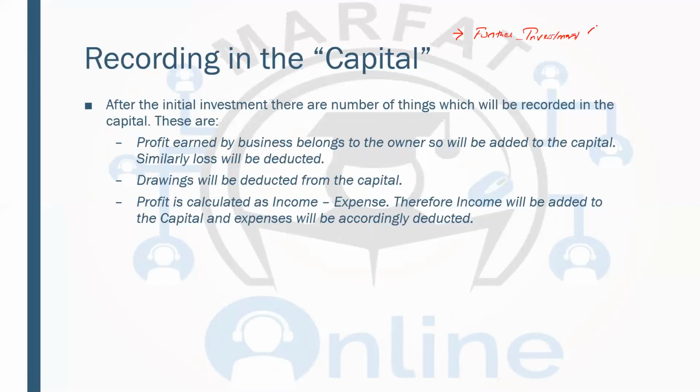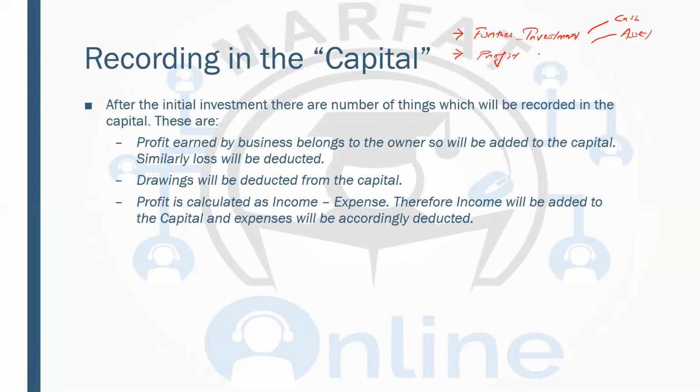This further investment can be in the form of cash. It can also be in the form of some asset, for example, the owner of the business bringing his personal car into the business. So that capital is in the form of an asset as well. Secondly, the capital will change when there is a profit.